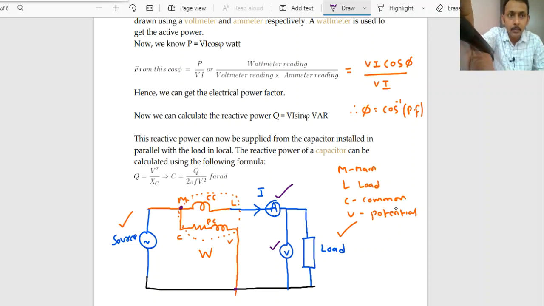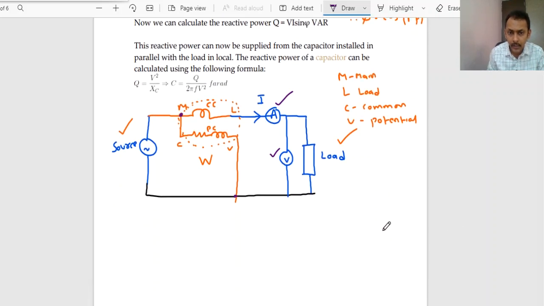So using these three meters, we can get the current drawn by the load, voltage applied to the load, and power drawn by the load. Now, for example, if the reading of the wattmeter is 1000 watts, its meaning is this value is equal to VI cos phi.